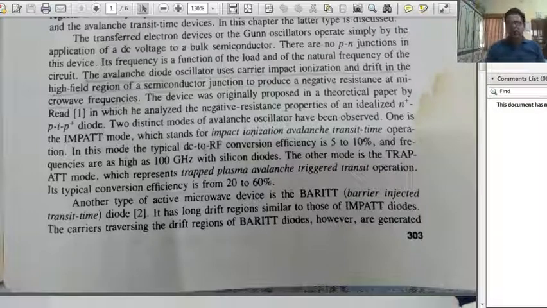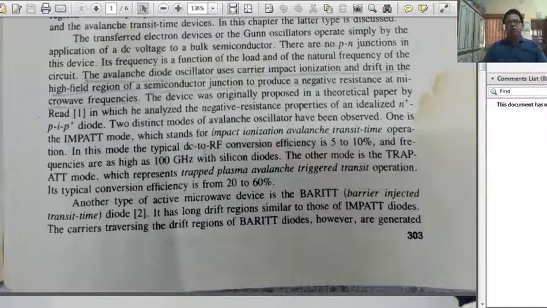Here not only a p-n junction, there are 4 regions: N plus, heavily doped N, P, I, and P plus, again heavily doped P. So there are 4 regions, not 2 regions like a p-n diode.